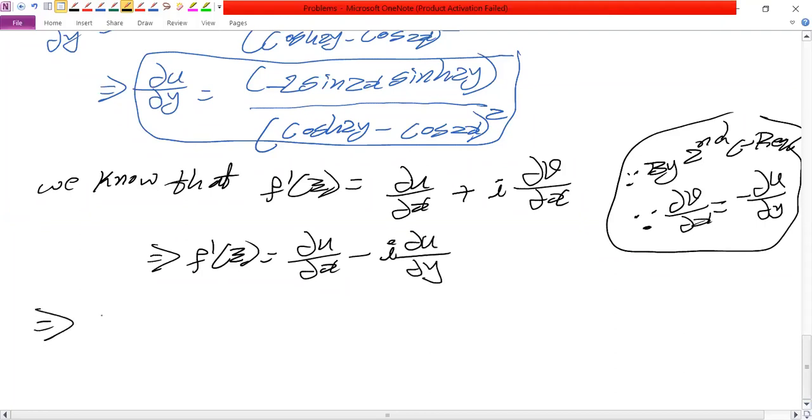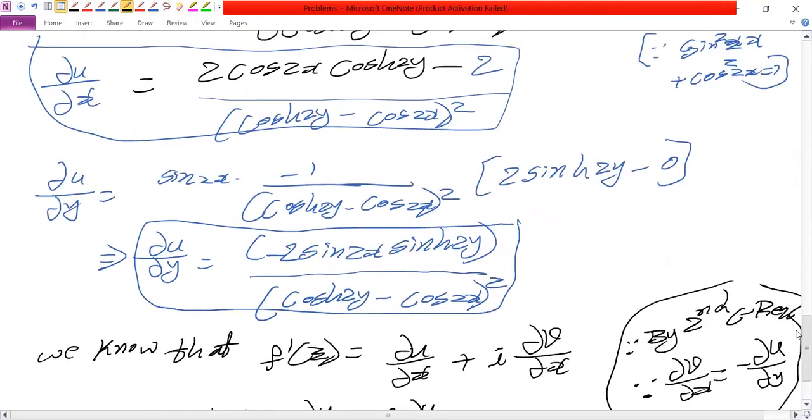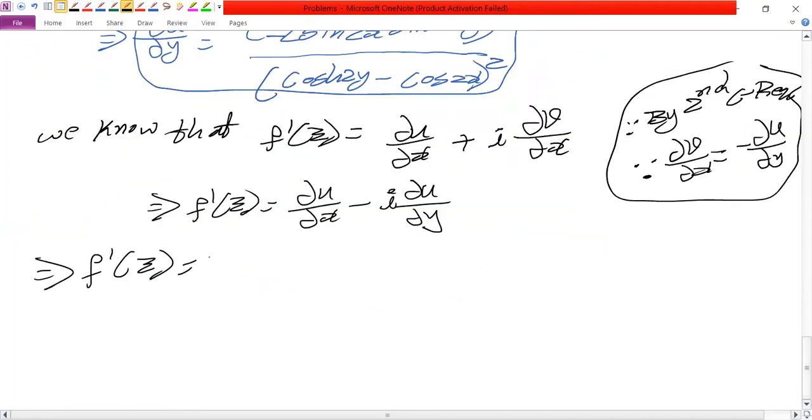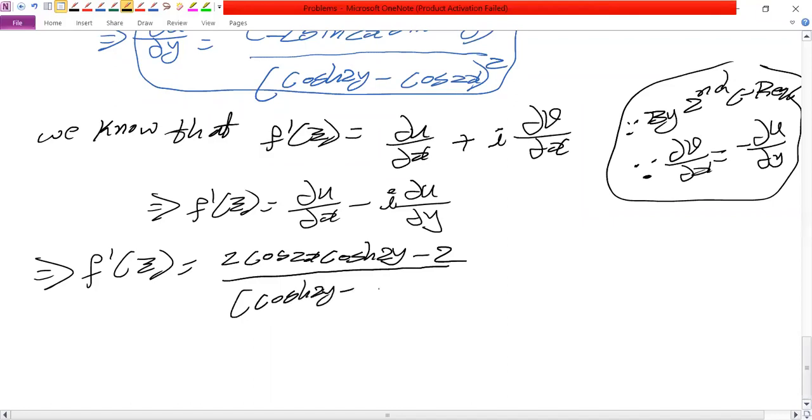Now substituting dou u by dou x and dou u by dou y here, dou u by dou x is 2 cos 2x into cosh 2y minus 2, whole by the denominator (cosh 2y minus cos 2x) whole square, minus i into dou u by dou y, which is minus 2.